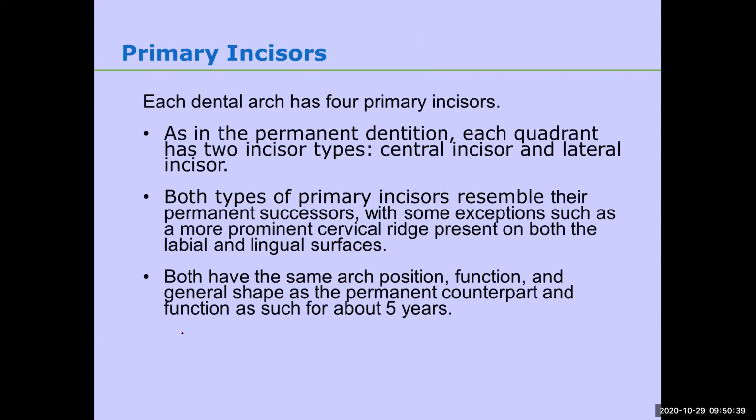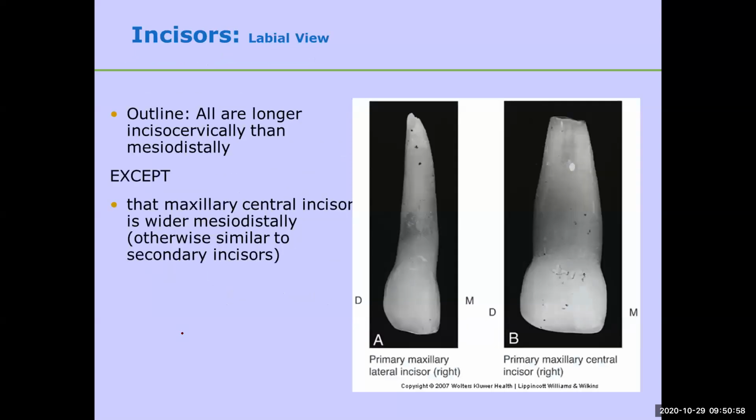Both the primary incisors resemble their permanent successors with some exceptions. Okay, the curve, the bulges. They have the same arch position, the same function, and the same general shape of their permanent counterparts. It's very hard to find deciduous teeth that have been extracted that still have their roots on them.